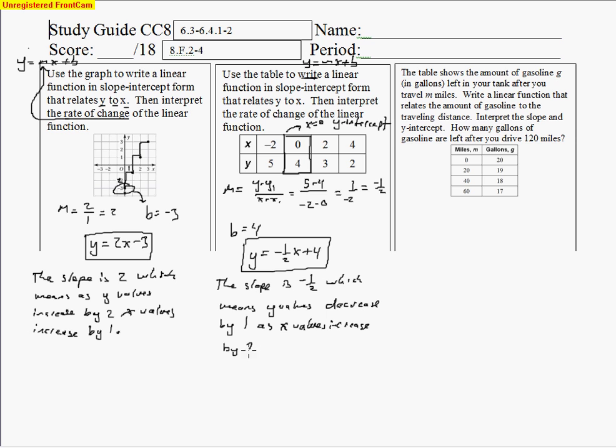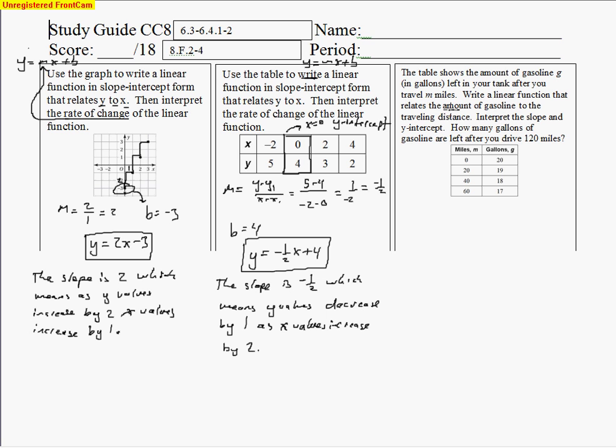by 2. So moving on to this next one, it's the same sort of one as this last one. However, now instead of just a table that had meaningless values, we actually have some meaning here. So it says the table at right shows the amount of gasoline G in gallons left in your tank after you've traveled m miles. And so it says write a linear function that relates the amount of gasoline.